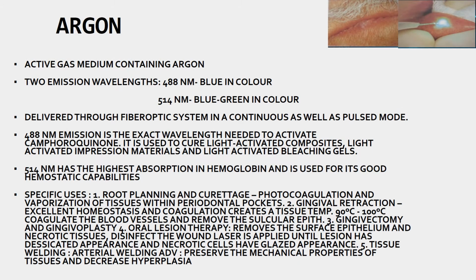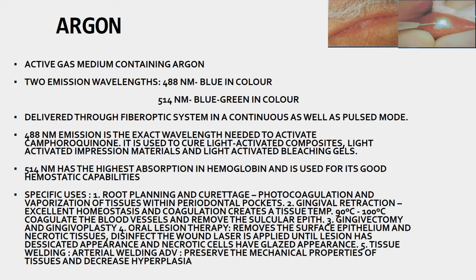One is the argon. So argon, again, has a gas medium. Now only two we have seen. So CO2 and argon, they have the active gas medium. There are two emission wavelengths for argon, which are 488, which is blue in color, and 540 nanometers, which is blue green in color. So it is delivered again through the fiber optic.